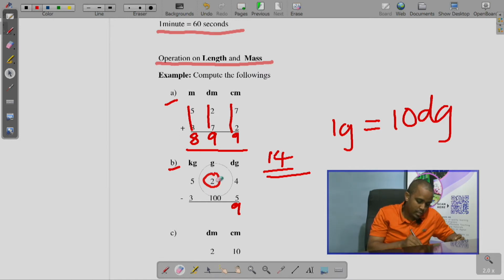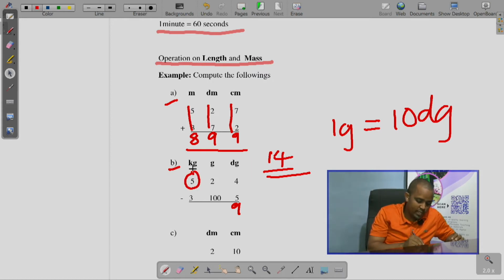And here it will remain 1. So 1 minus 100, you can't subtract 100 from 1. So we need to take another number from this position.